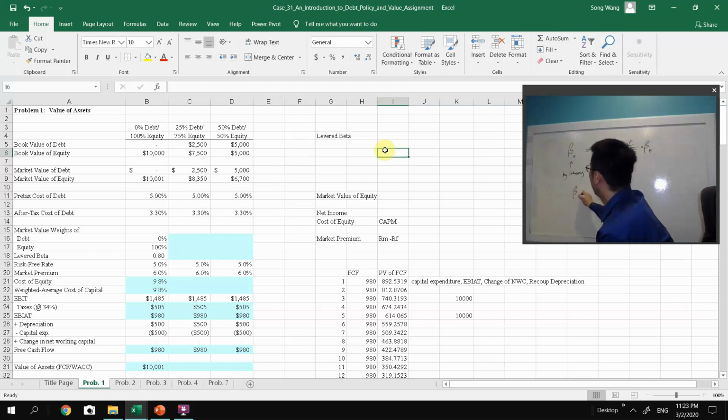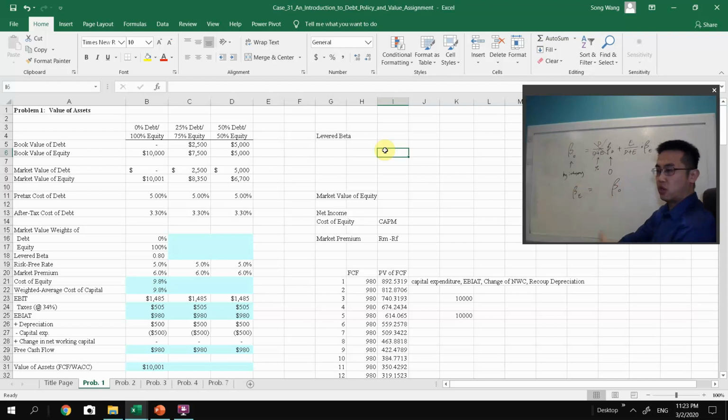You put the levered beta for the equity, and that is the beta as if there's no debt in the capital structure.